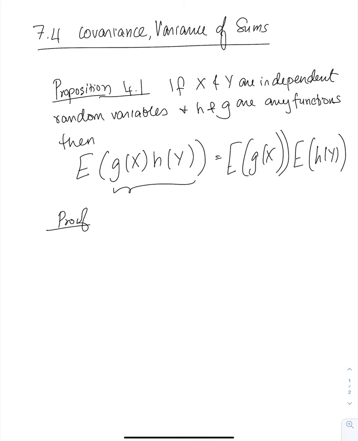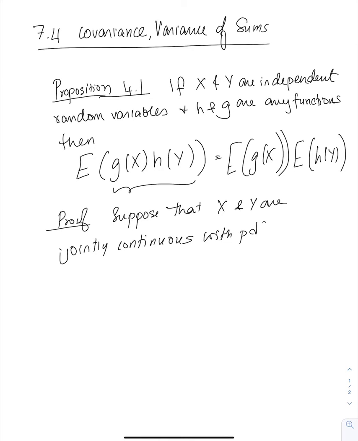So you have X and Y independent. Let's suppose we'll do the continuous case. Suppose that X and Y are jointly continuous with probability density function f of x, y.